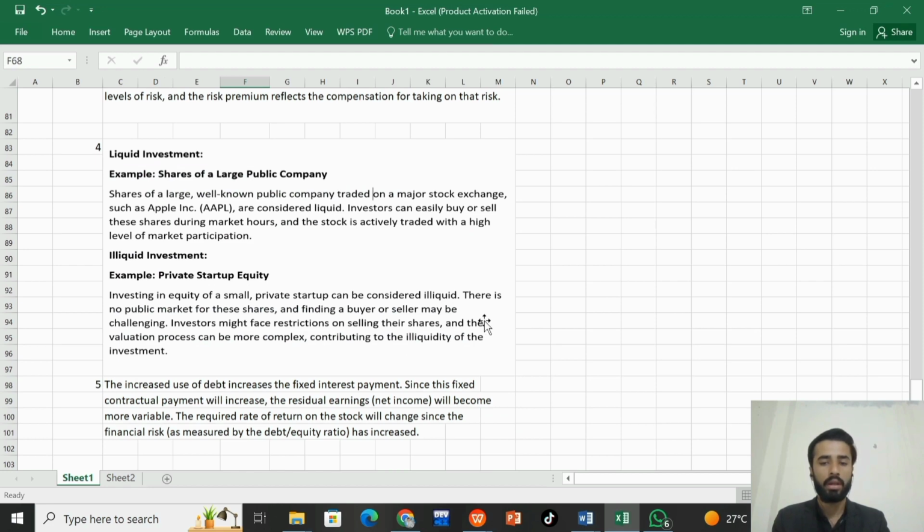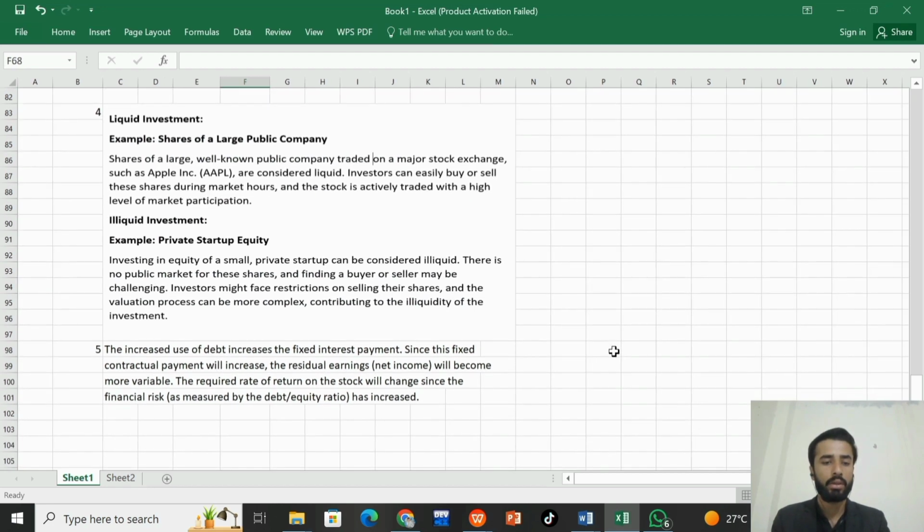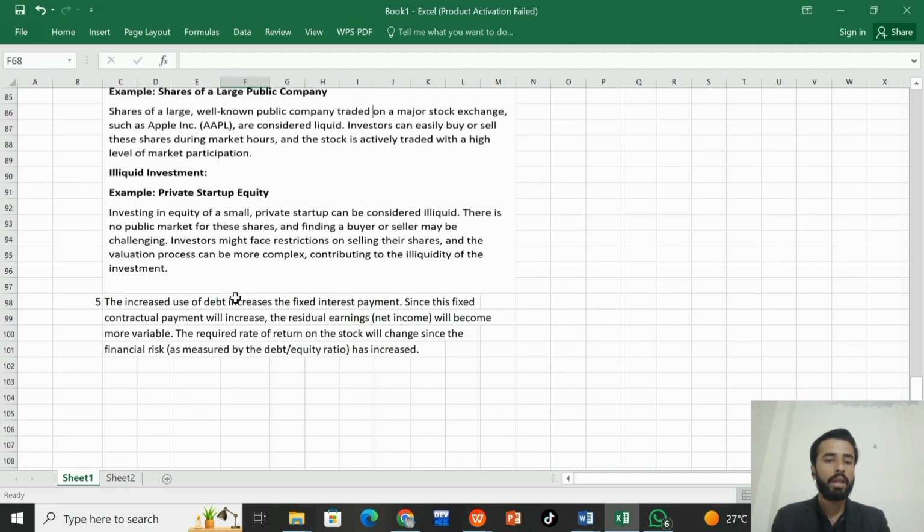This question is very simple to understand. The increased use of debt increases fixed interest payments. Like when we borrow some loan, we have to pay fixed interest against it. Since the fixed contractual payments will increase, the residual earnings, the net income, will become more variable.